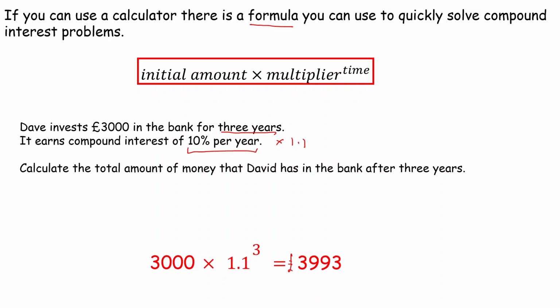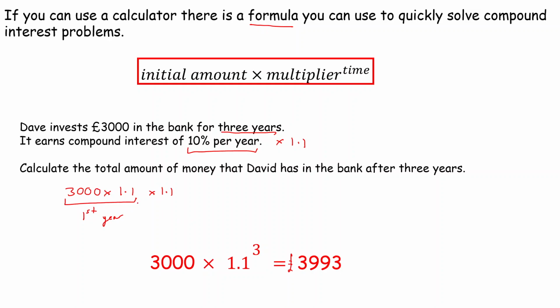To really understand the mechanics behind there, I'll go through that quickly now. After the first year, we had 3,000 as our starting amount. We increased it by 10%, so we're timesing through by 1.1. That is a 10% increase. After your second year, you times this amount, 3,000 times 1.1, by 1.1 again.